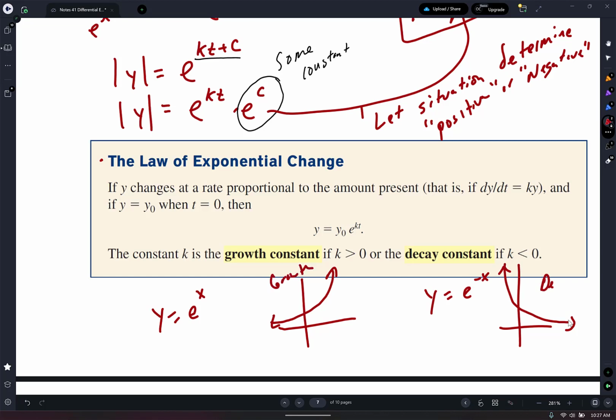This is decay. I'm going to let the situation determine whether I have growth or decay. And notice, the absolute value of y is always above the x-axis. Yeah, but I could have a situation where I could have growth like this, if you want to consider this growth. Or I could have something like, let's see.